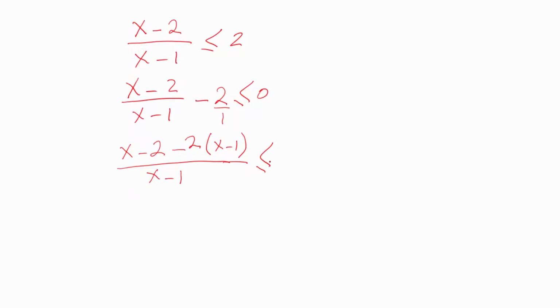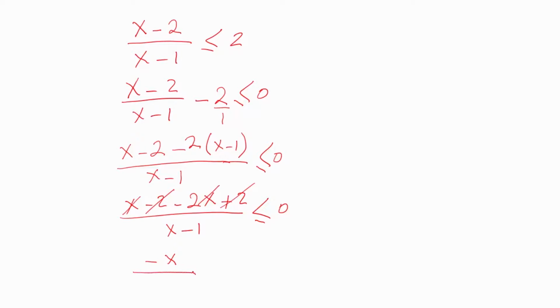Now the whole thing is less than or equal to 0. Simplify this: (x - 2 - 2x + 2)/(x - 1) less than or equal to 0. The minus 2 and plus 2 cancel, and x - 2x would be -x, so -x/(x - 1) less than or equal to 0.